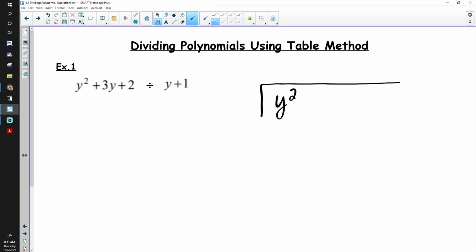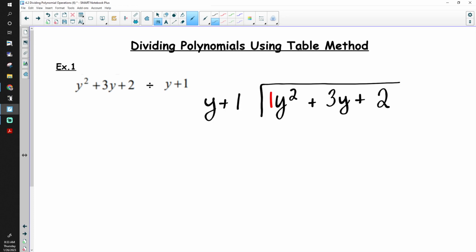Y squared. Should it be 1y squared? Yeah, we can put a 1 in. If you want to put your invisible ones, you can do that. Plus 3y plus 2. And what I'm dividing by, y plus 1, is going to go out in front.